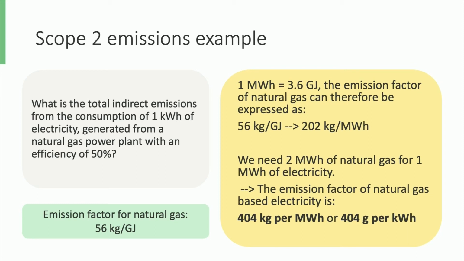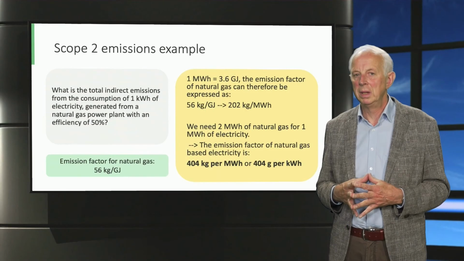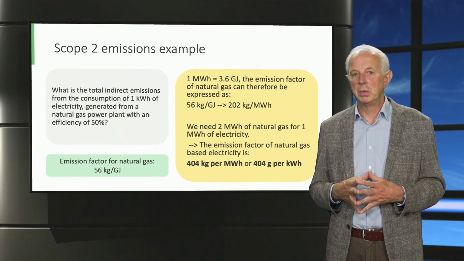We get about 200 kg per megawatt-hour. When we also take into account the conversion efficiency of the power plants, we need 2 megawatt-hours of natural gas for 1 megawatt-hour of electricity. The outcome is about 400 kilograms per megawatt-hour or 400 grams per kilowatt-hour. The latter one, grams per kilowatt-hour, has become the most common way to express emissions of power generation.